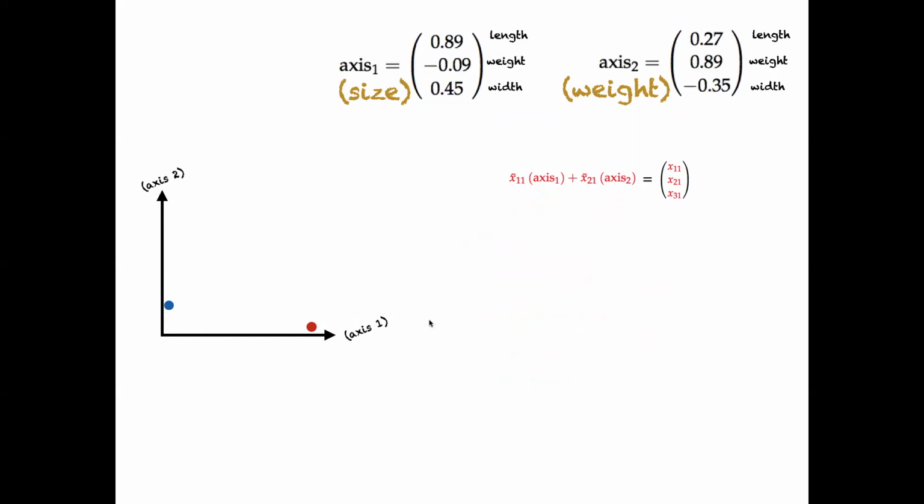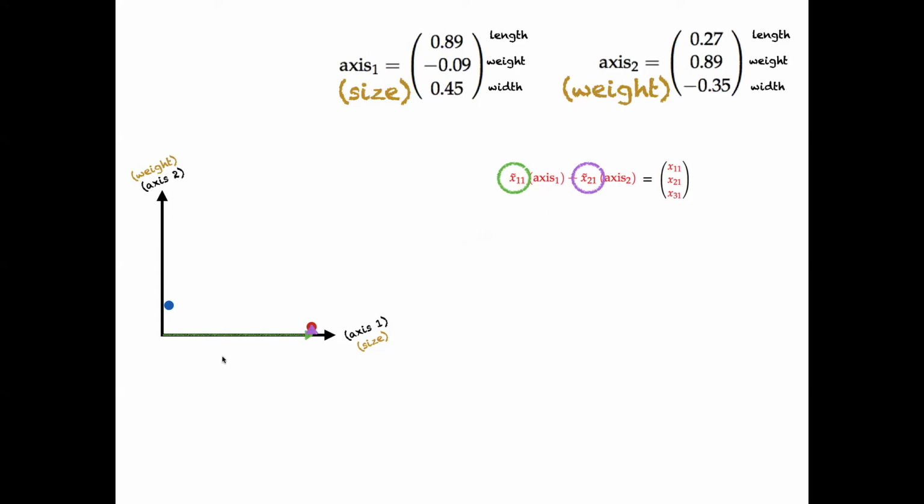And I might want to draw some conclusions here. I'll go ahead and put size along axis 1 and weight along axis 2. And I can draw some conclusions here that in order to get to the blue point, the red point, approximately I go x1 wiggle along axis 1, x2 wiggle along axis 2.